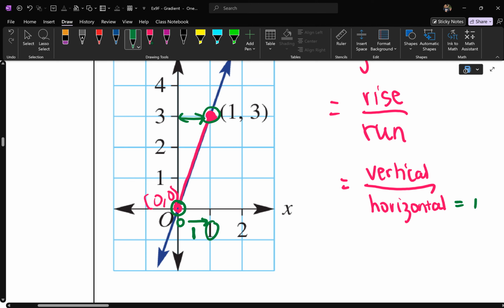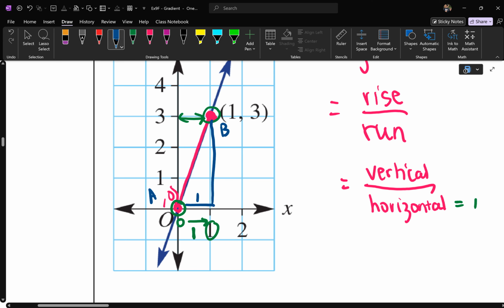What about vertical distance? You're starting from this point and you're trying to go all the way up to this point, because we always move from left to right. So moving from left to right, I need to go across 1 and then go up to this point over here. Starting at point A, if I want to move all the way to point B, I had to go 1 across, and how many units do I have to go up?